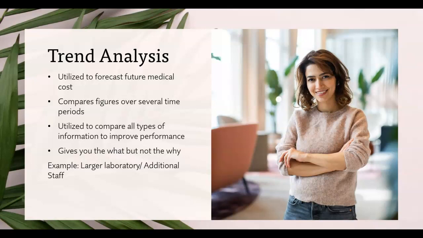So this is why we'll talk later in the presentation about where you get your information to do the budgets and the cost analysis, because you're not just going to use the previous statements. You're also going to go to other sources to get your information so you can make the most accurate budget or cost analysis.